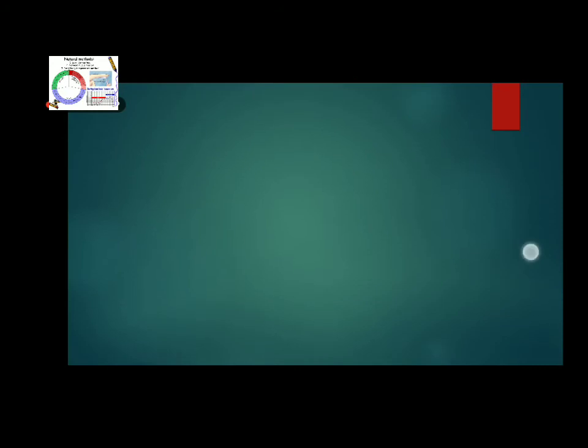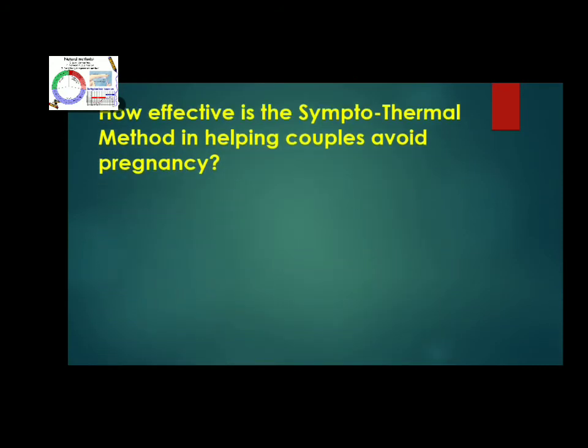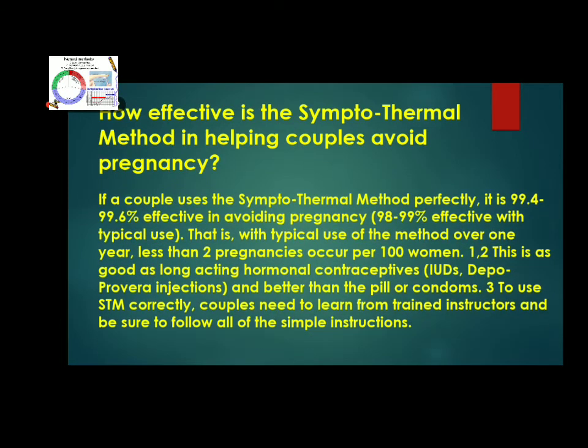How effective is the symptothermal method in helping couples avoid pregnancy? If a couple uses the symptothermal method perfectly, it is 99.4 to 99.6% effective in avoiding pregnancy, 98 to 99% effective with typical use. That is, with typical use of the method over 1 year, less than 2 pregnancies occur per 100 women.